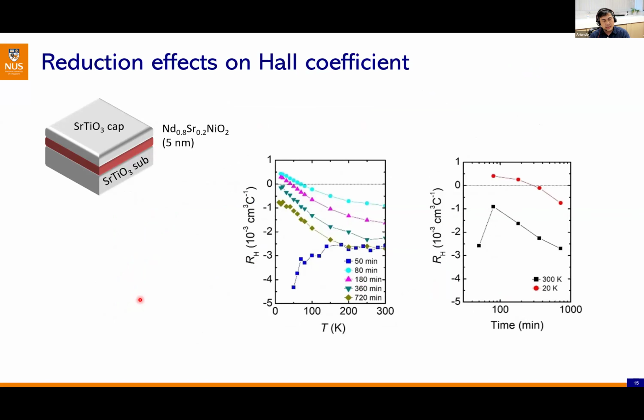So this indicates there is a multi-band nature, as we pointed out before, in the case of this infinite layer nickelate, which might be of interest to look into as a function of the reduction time of the oxygen.